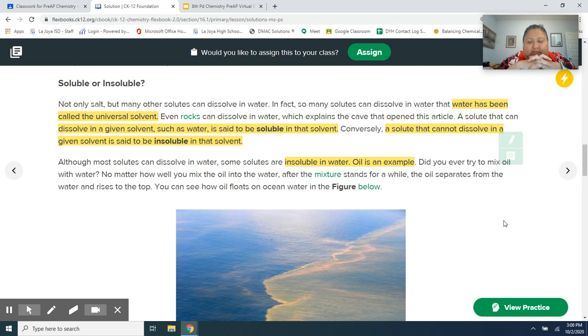So tell me, guys, what do you dissolve in water around your house? Sugar. Thank you. What else? Where else do you dissolve substances in water? Chlorine. Chlorine is another solute. What's another solute other than sugar and chlorine?